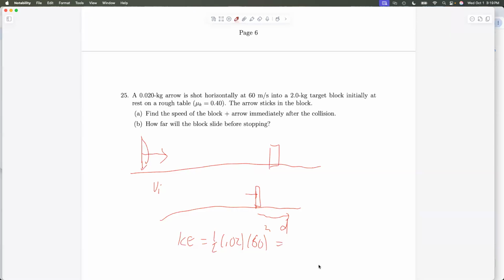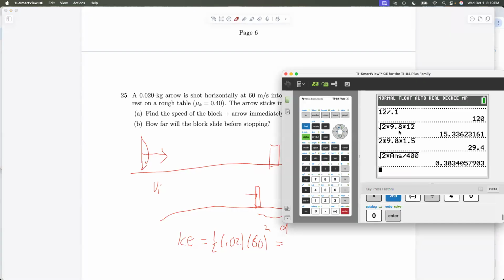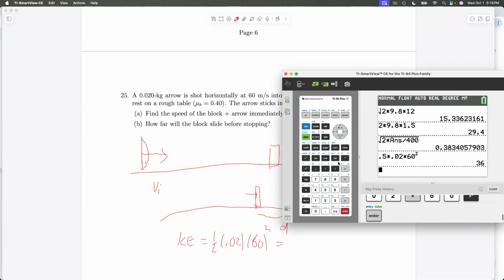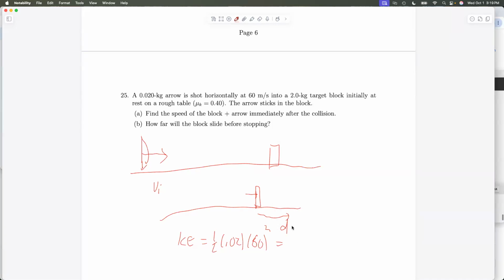All right, so let's throw that in the calculator. 36. Is that a reasonable number? Yeah, I think so. So we've got 36 joules of energy.